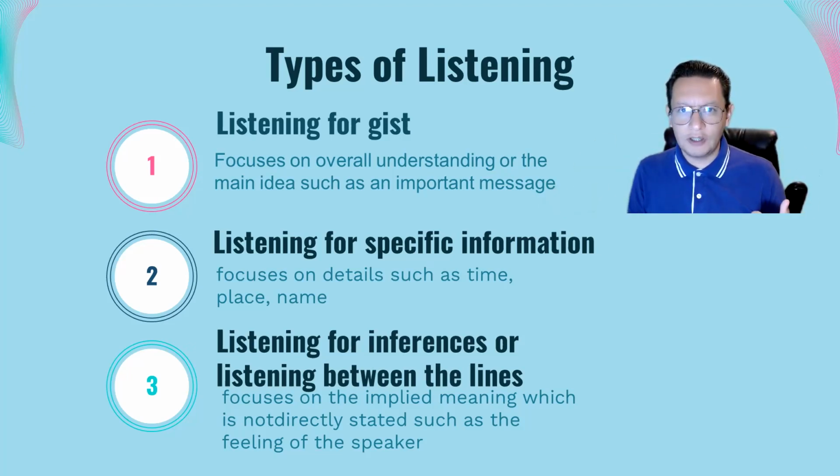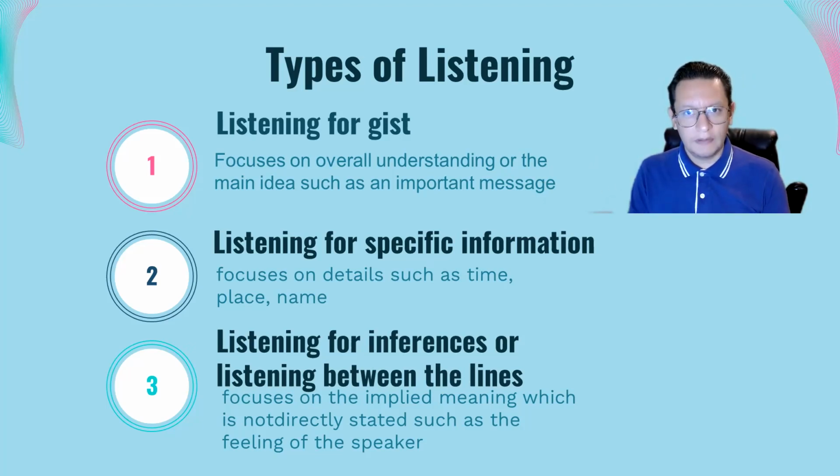So when we listen for gist, we try to understand a general idea, what it is mainly about, what the speakers are talking about generally. Listening for specific information is aiming to find names, details, places, dates, and descriptions, something more, as the name says, detailed information.